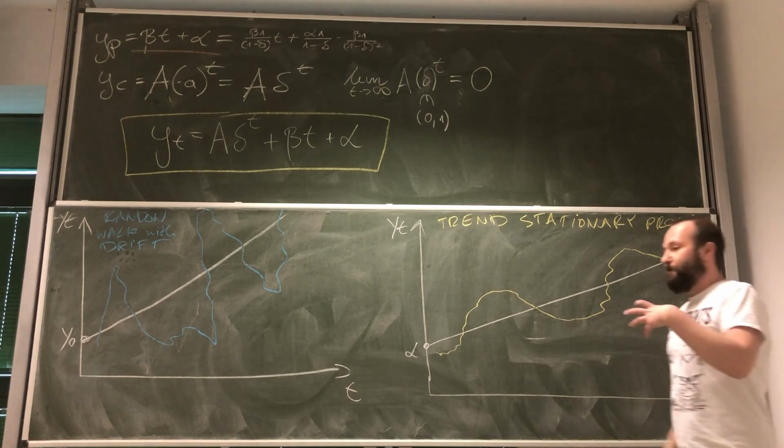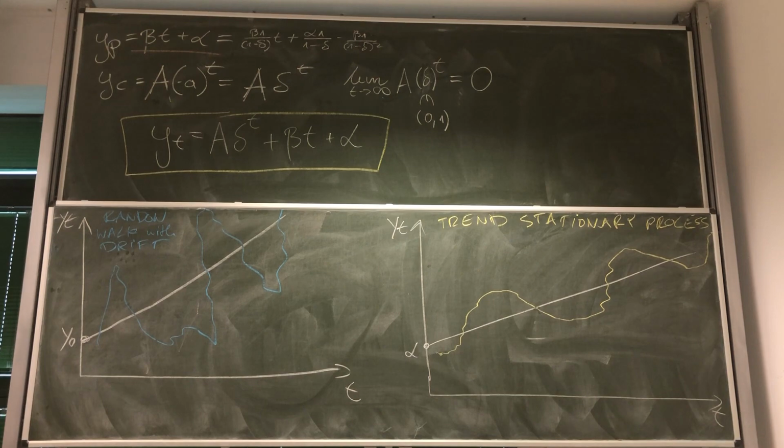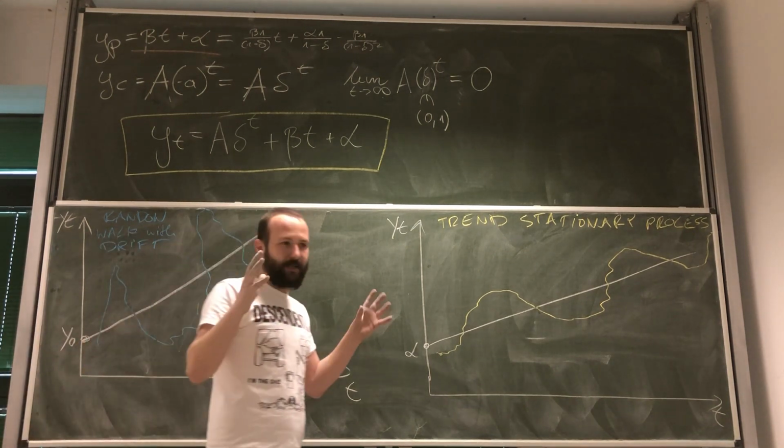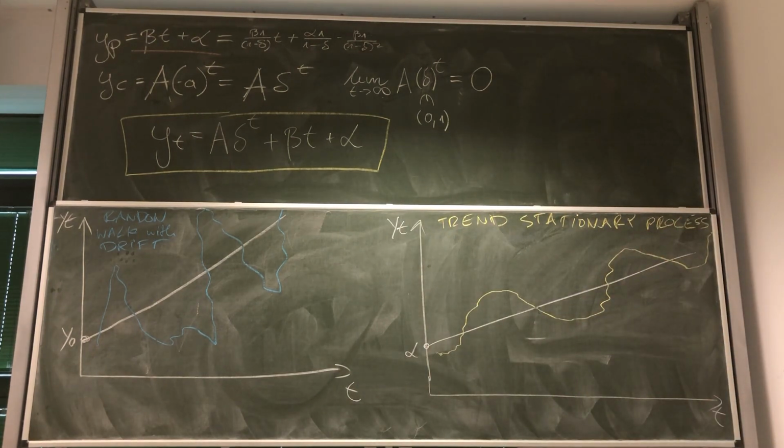And look, the difference between the two processes might not seem that big, but look at a couple of things. Where is it easier to predict the actual value of y at some time in the future? Over here or over here?